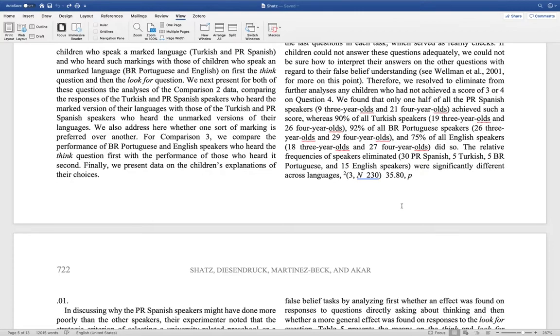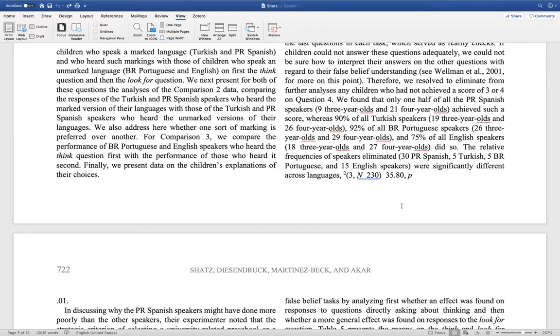I want to look at Turkish versus Portuguese in terms of these false belief knowledge systems. I get that they clearly told us they're going to keep these participants in there, which is fine as well. It's just going to make it more difficult to interpret the results.